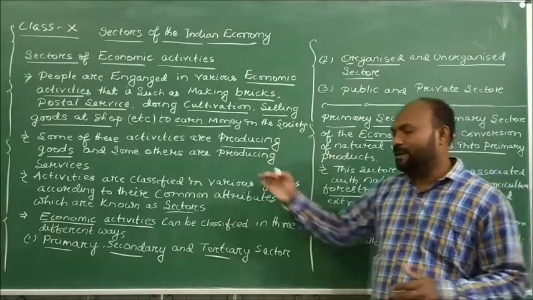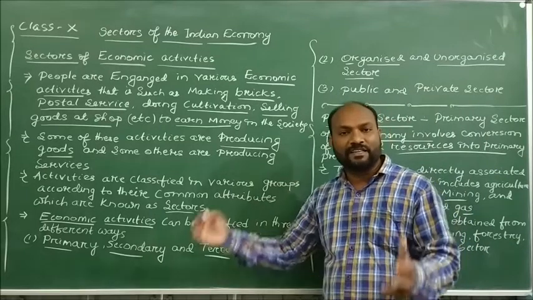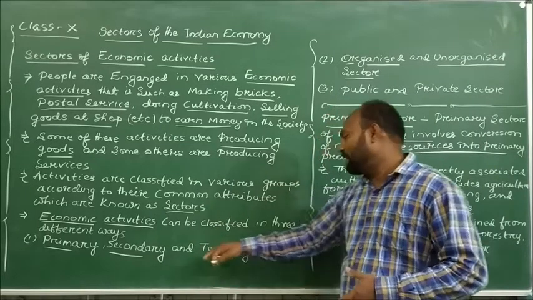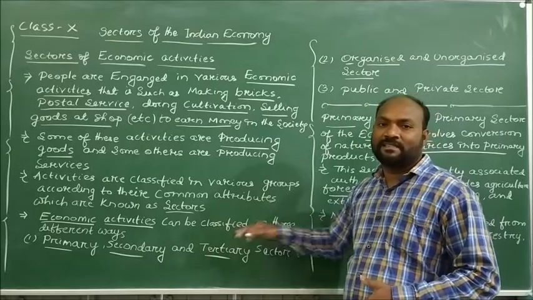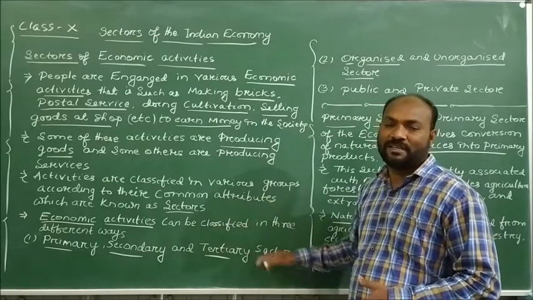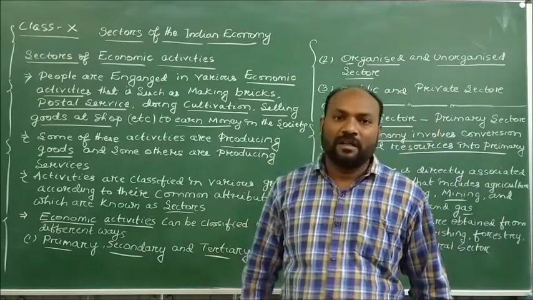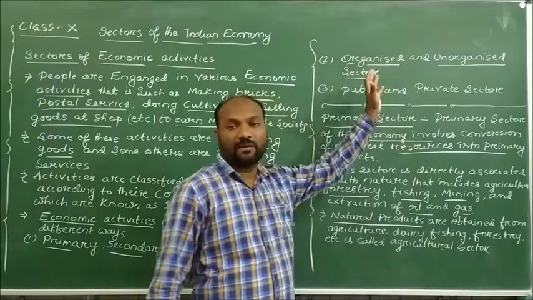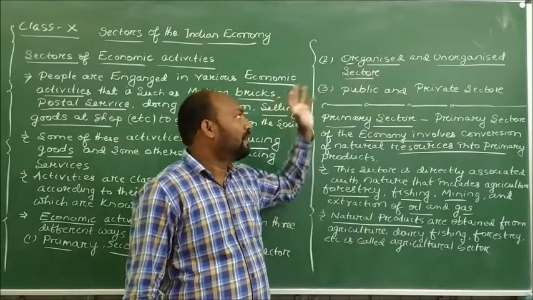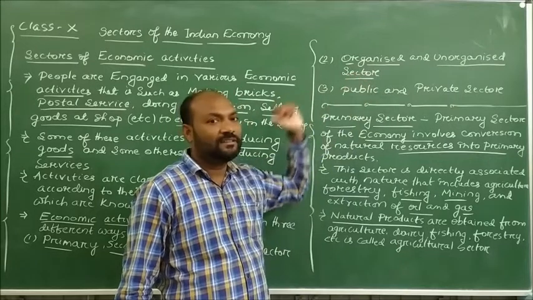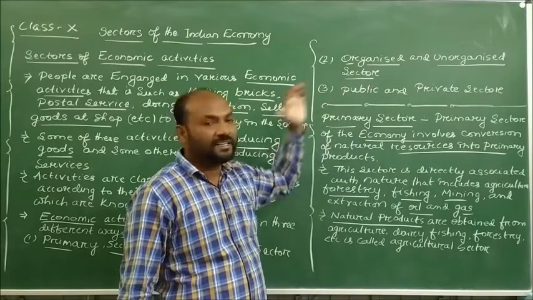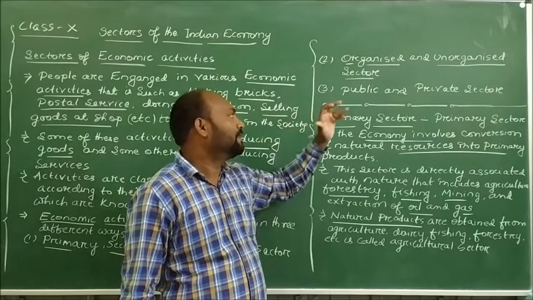First, the primary sector, the secondary sector, and the last one, the tertiary sector, also known as the service sector. And the second is the organized sector, the unorganized sector, the public sector, and the private sector.